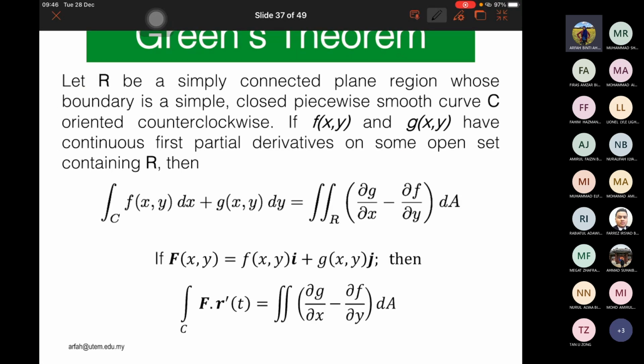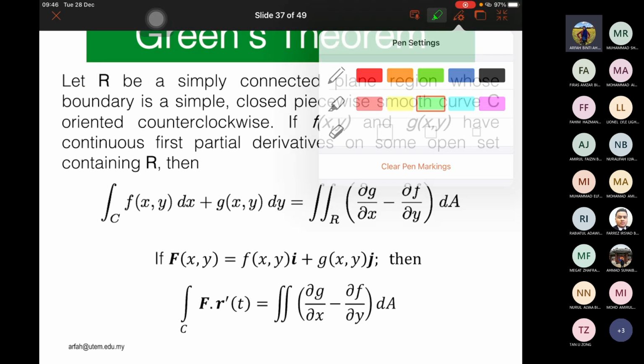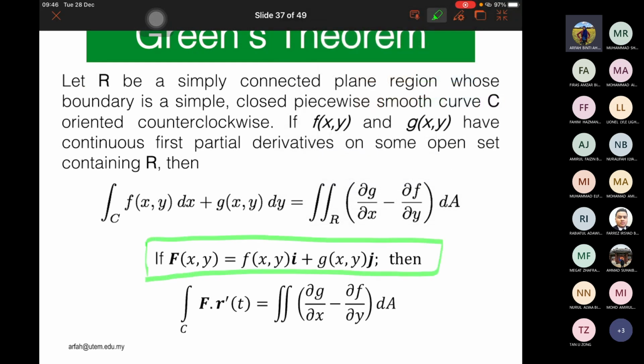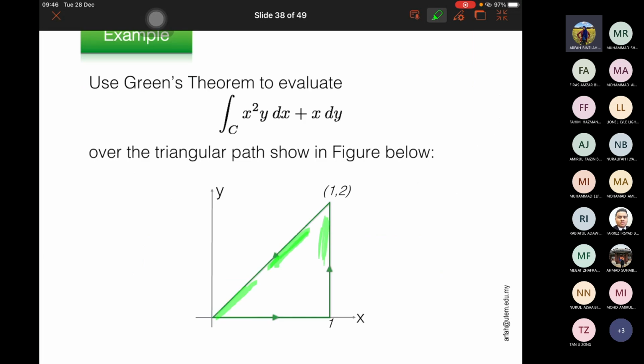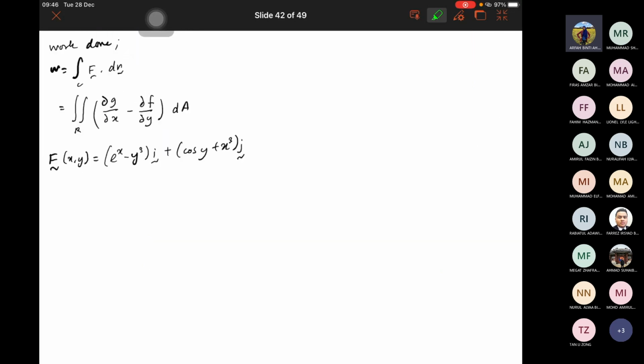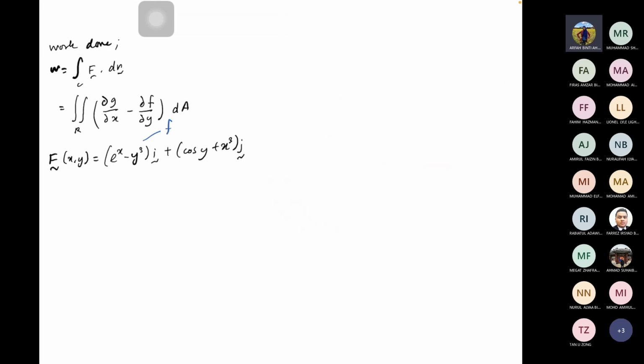If F equal to F(x, y) i and G j, so yang ada i akan jadi F, yang ada j adalah awak punya G. So this is your F of xy and this is your G of xy. So F(x, y) equal to exponential x minus y cube. So delta F over delta Y equal to negatif 3 y kuasa 2.